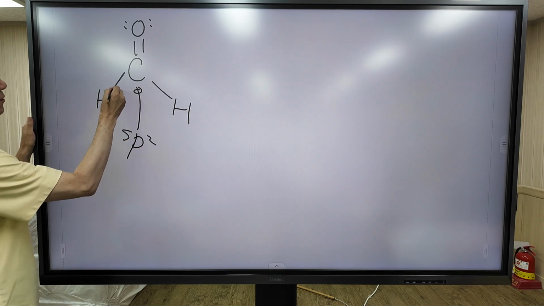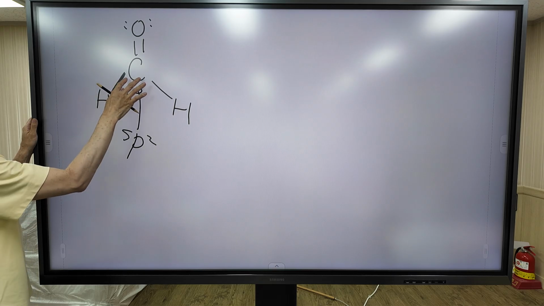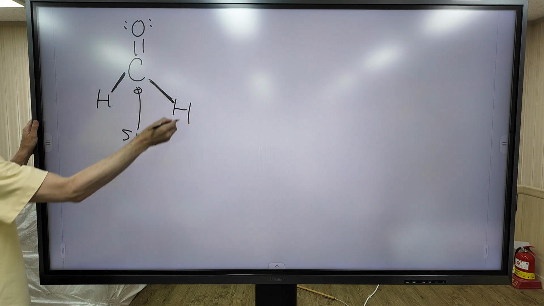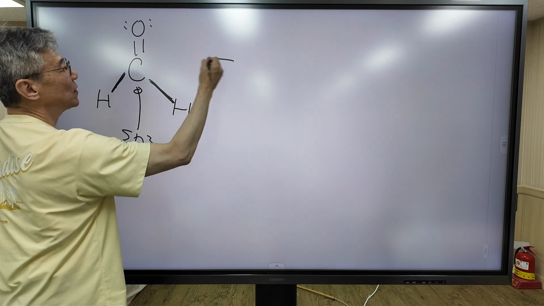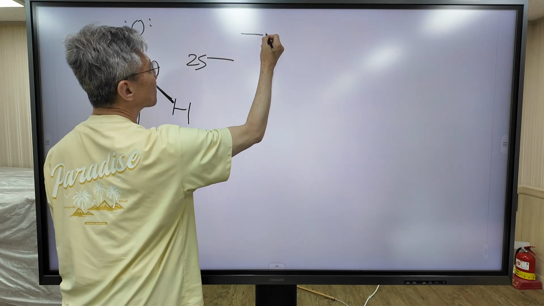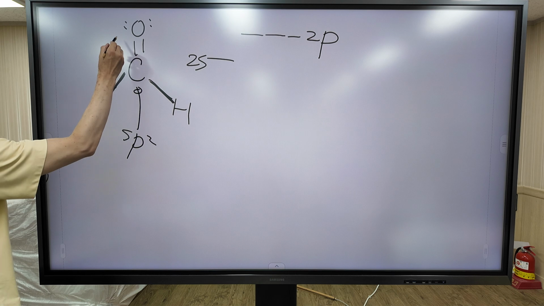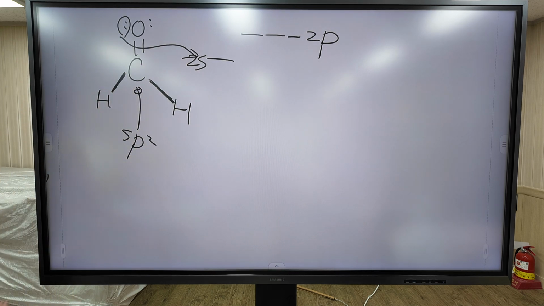So this bond is formed by overlap of s orbital with the sp2 hybridized orbital of carbon, these sigma orbitals. And oxygen carries 2 lone pairs, and oxygen has 2 s orbital and 2 p orbitals. One lone pair occupies 2 s orbital.